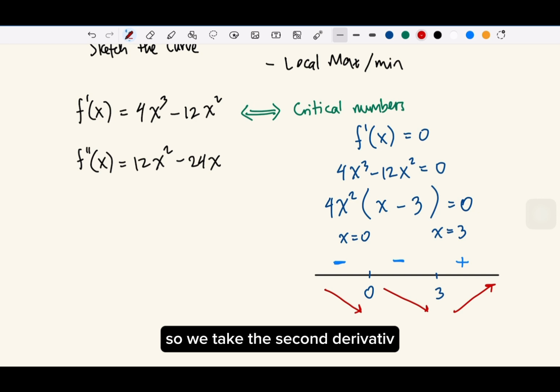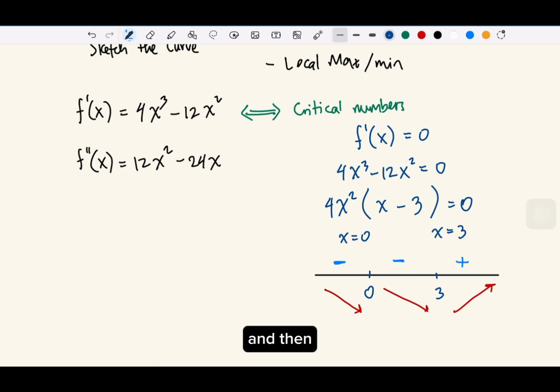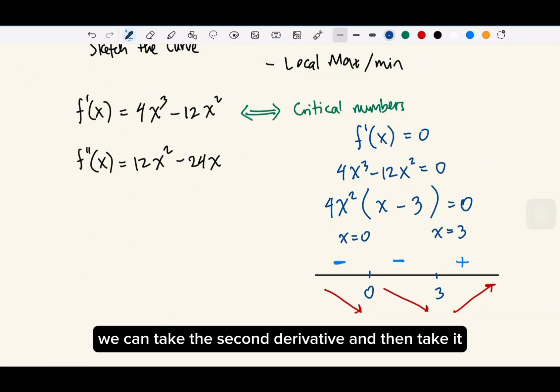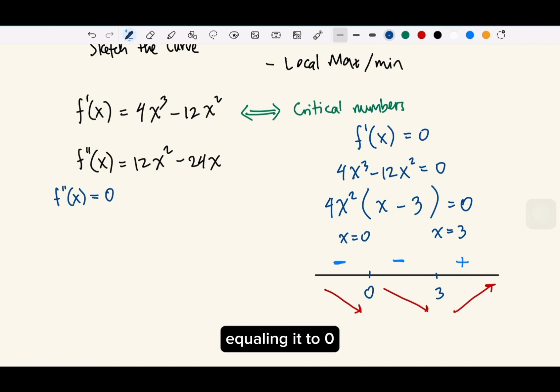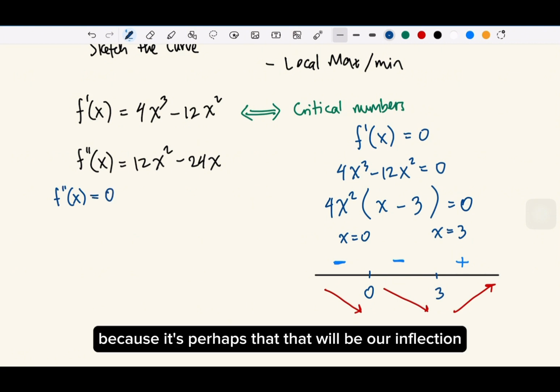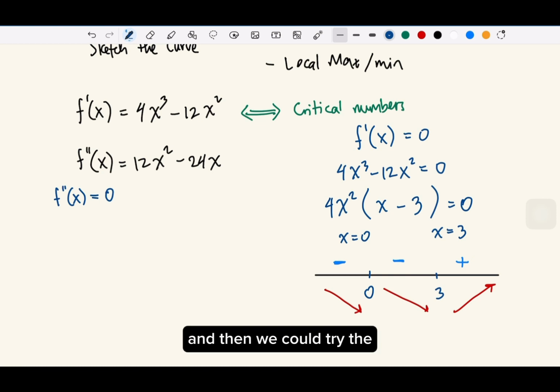So we take the second derivative and set it equal to 0, because perhaps that will be our inflection point. And then we could try x equals 0 and x equals 3.